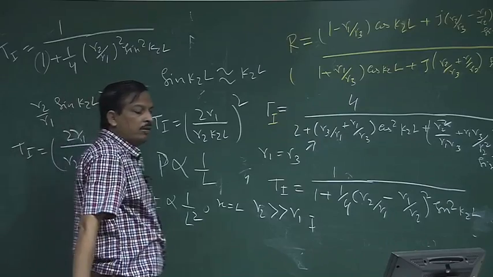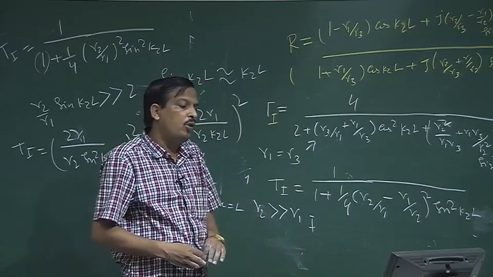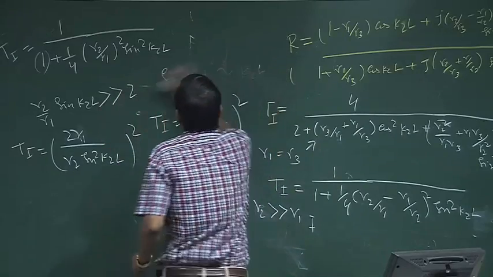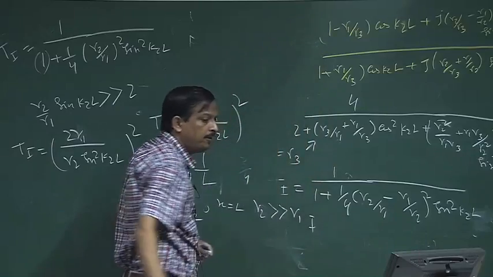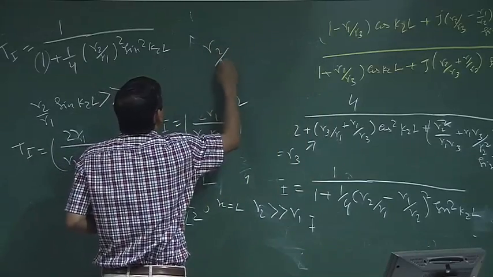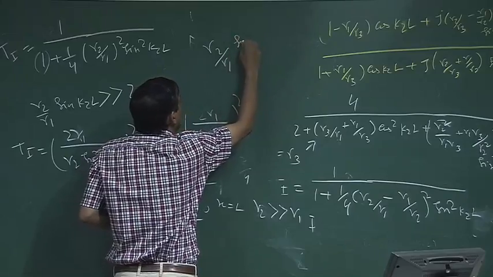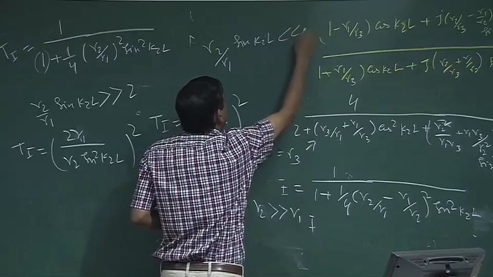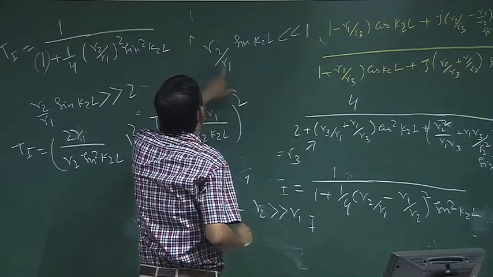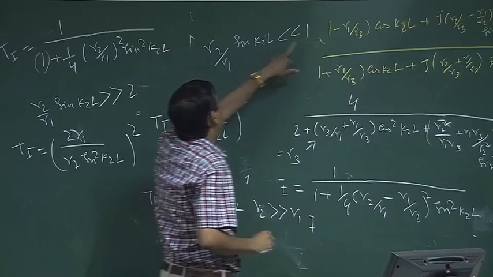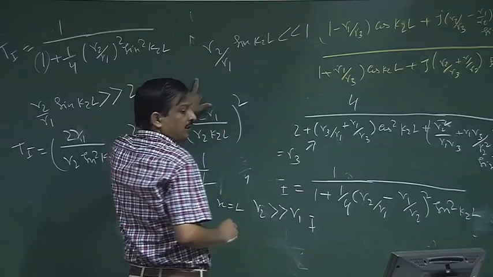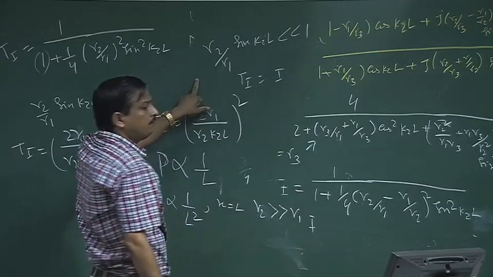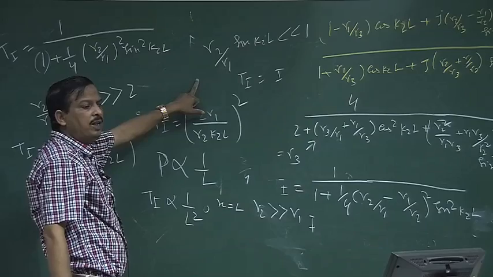Okay. For a thin plane or low frequency, there is another condition: if R2 by R1 into sin K2L is much less than 1, then Ti will be 1.